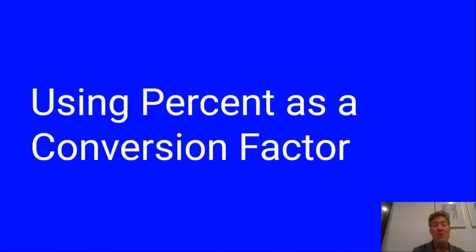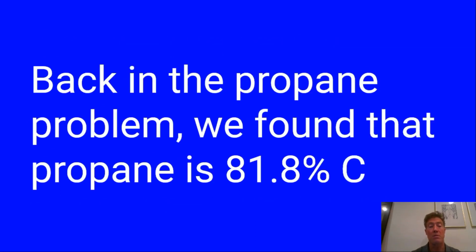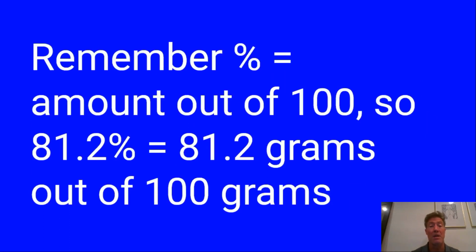Now, we can use percent as a conversion factor. You can use percent composition to calculate the number of grams of an element in a given amount of compound. Let's remember back to the propane problem. We found that propane is 81.8% carbon. Remember that percent means amount out of 100.